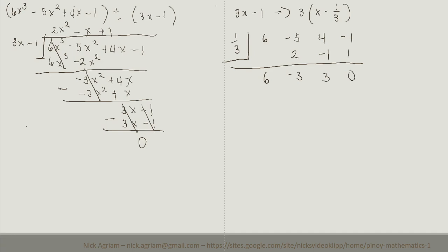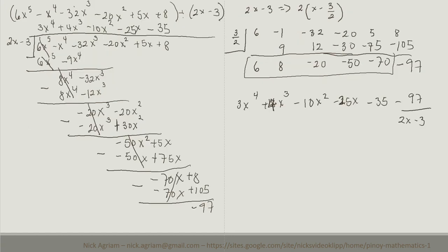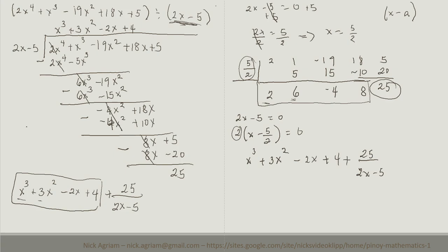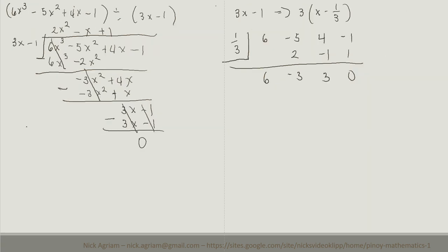So if we apply the same thing that we have done here, we divide everything by 3. So we have now 2x raised to 2, because we have cube here and we have x here, minus x plus 1.